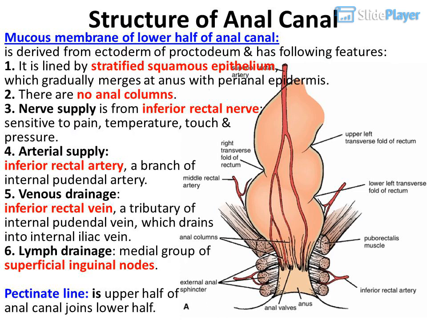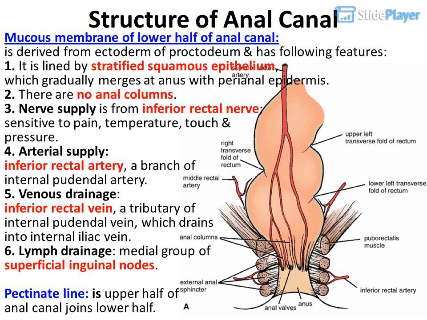Structure of anal canal. The mucous membrane of the lower half of the anal canal is derived from ectoderm of the proctodeum and has the following features. 1. It is lined by stratified squamous epithelium, which gradually merges at the anus with the perianal epidermis. 2. There are no anal columns. 3. Nerve supply is from the inferior rectal nerve, sensitive to pain, temperature, touch and pressure. 4.